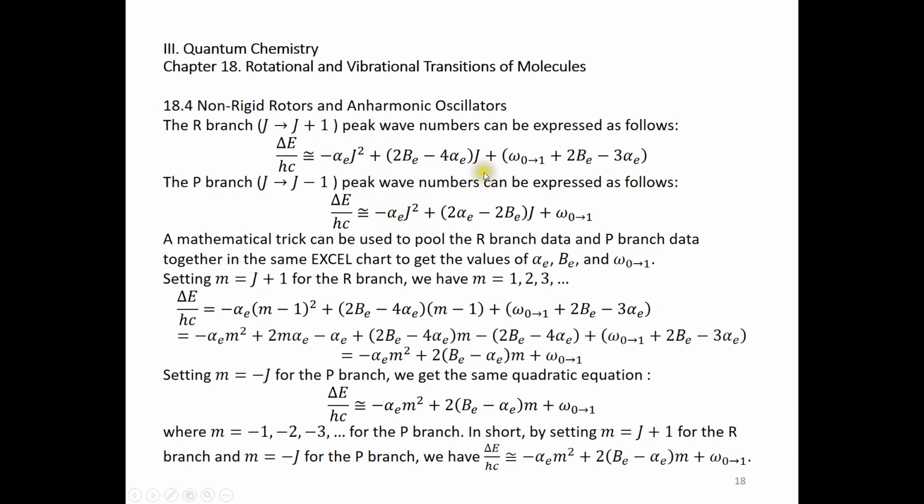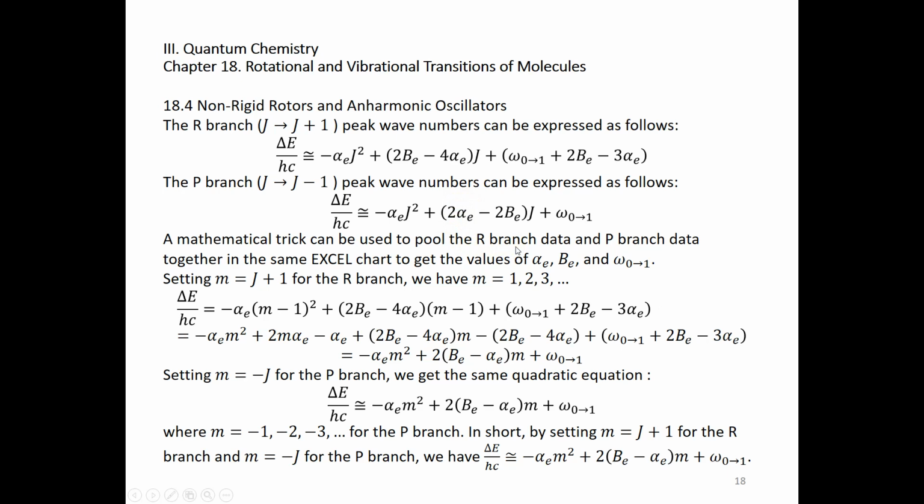If you look at the J term, they look different. If you look at this term, they also look quite different. But we can use a mathematical trick to pull the R branch data and P branch data together in the same Excel graph, and then do a quadratic analysis altogether for all the data.